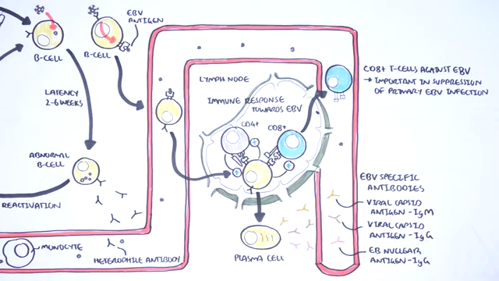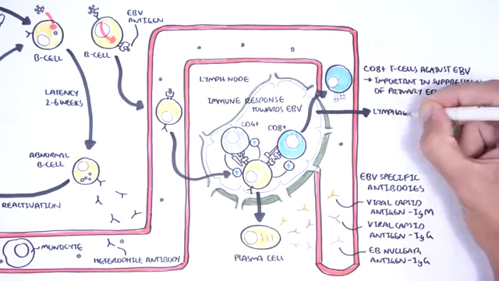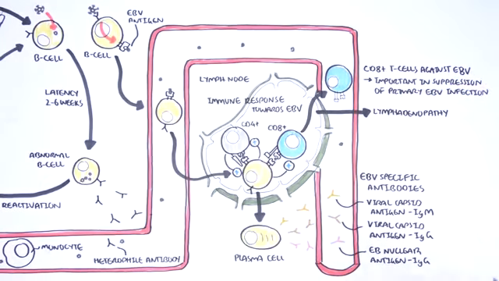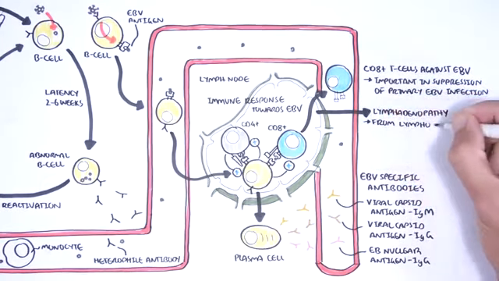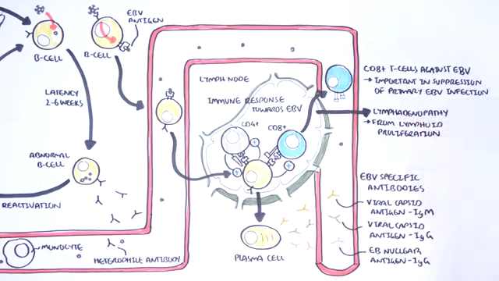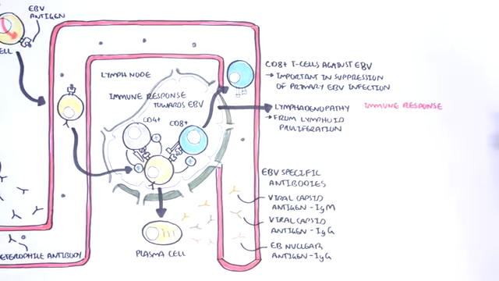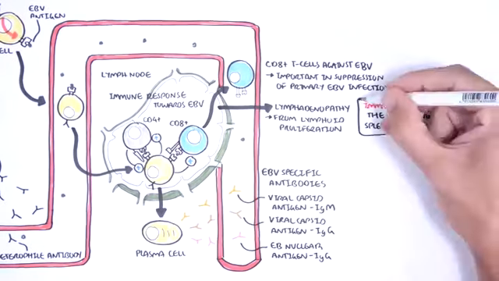In these sites, an immune response against Epstein-Barr virus is mounted thanks to B cells and macrophages triggering CD8 and CD4 T cell response. The immune response results in lymphadenopathy from lymphoid proliferation. The immune response can also occur in the spleen and in the liver, causing splenomegaly and hepatomegaly.